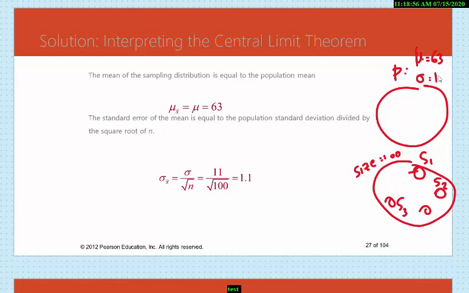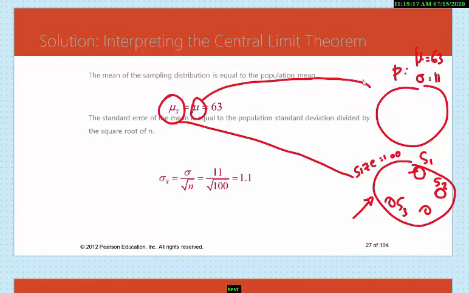So we know this. So can we look at the sampling distribution? Well, the central limit theorem gives us two types of information. First, that the mean of the sampling distribution is going to be equal to the mean of the population. We already have it, so it's going to be 63.